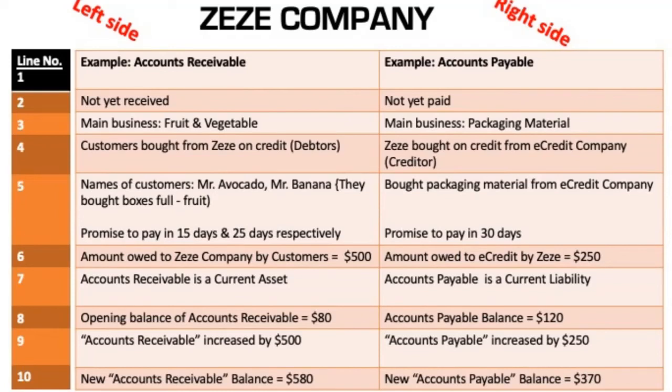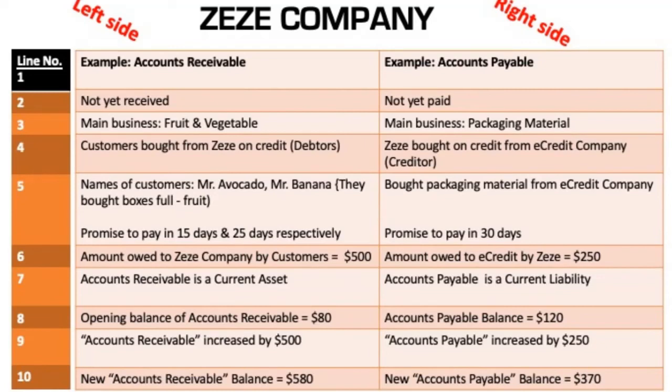Because this transaction is a current account, it is going to be completed and paid within a period of 1 year. Remember, 30 days is within 1 year.